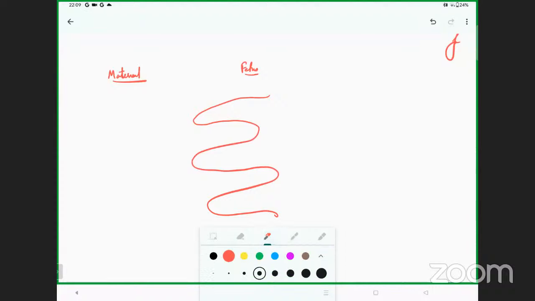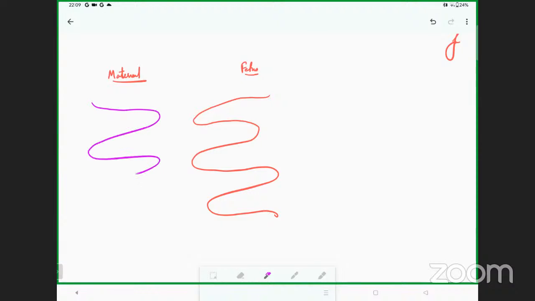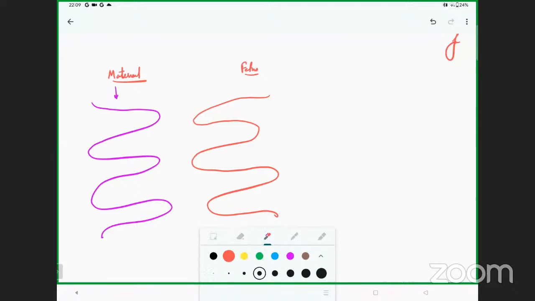There are going to be fetal villi like this, and then there is going to be the maternal side also. This is going to be the villus. So this is the maternal side and this is going to be villi.